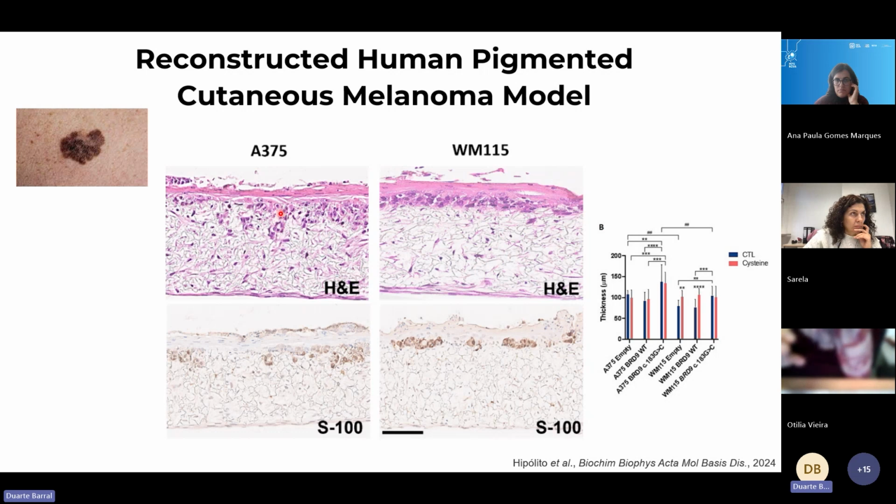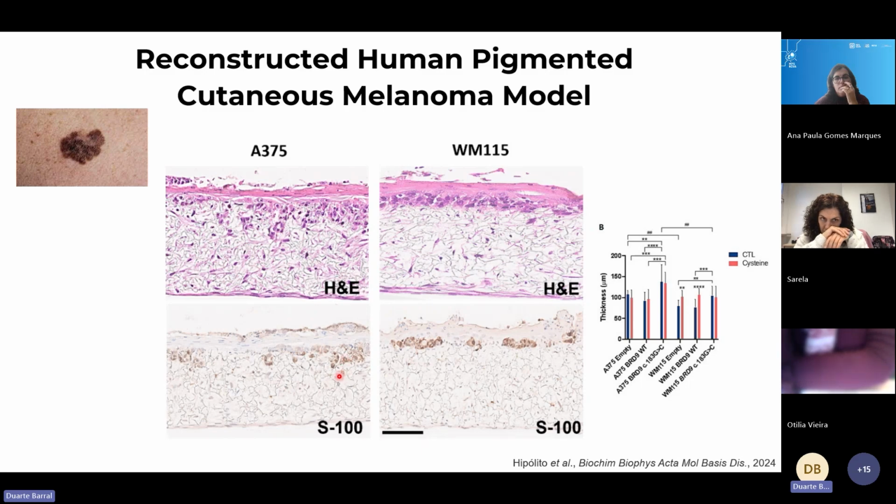The invasive, you see that can invade, obviously, the dermis. You see here the melanoma cells in the dermis, and in the case of the non-invasive melanoma cells, you don't see the cells invading the dermis.